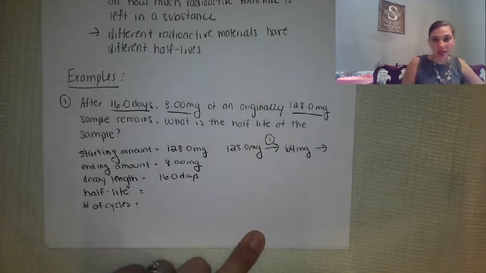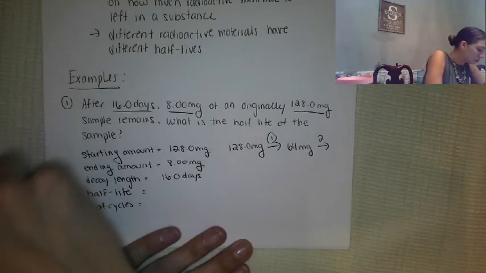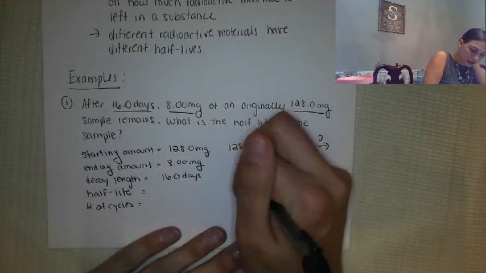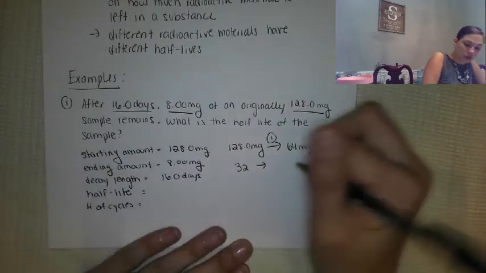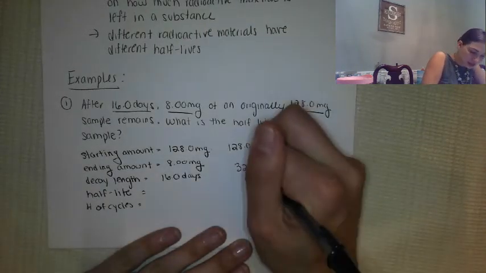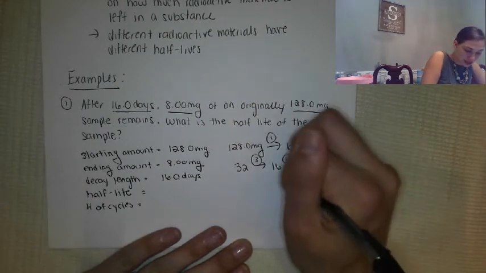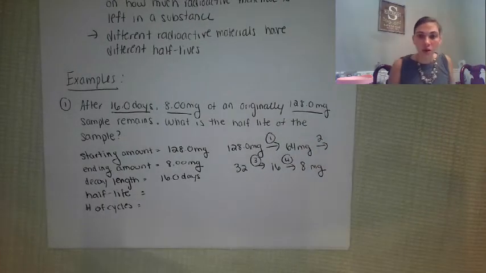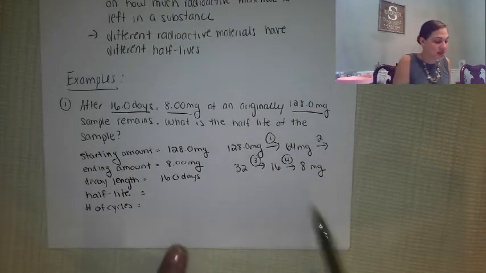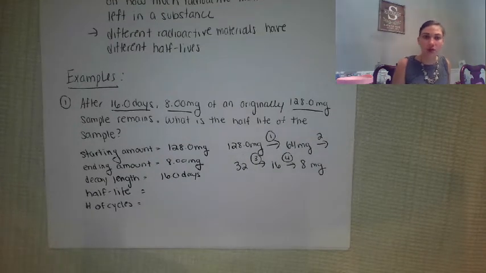We want to keep decaying until we get to our ending amount. Our second cycle gets us to 32 milligrams. Our third cycle gets us to 16 milligrams. And our last cycle finally gets us to 8 milligrams. So what we got out of this is that there were 4 cycles that occurred within this time.